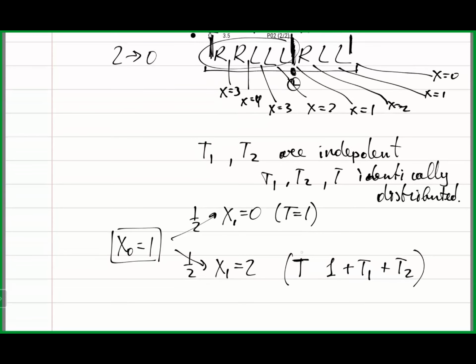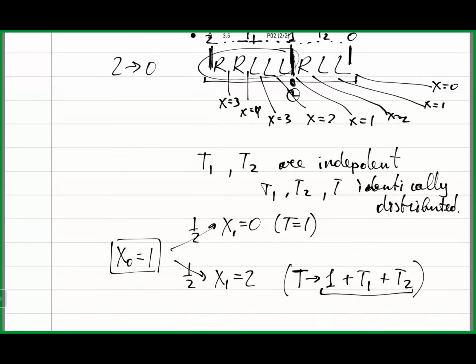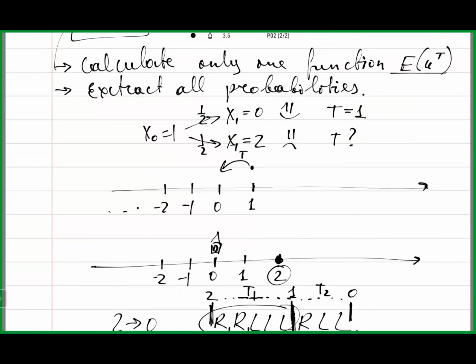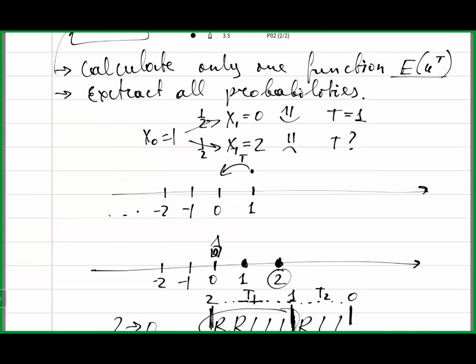Why is it better to add them? Because t is the total time. What is t? T is the total time to get from the starting position to the final position.